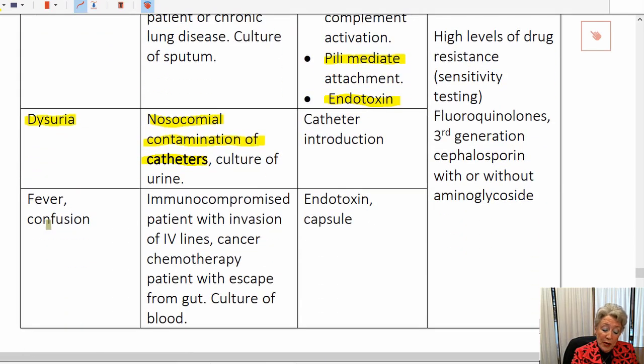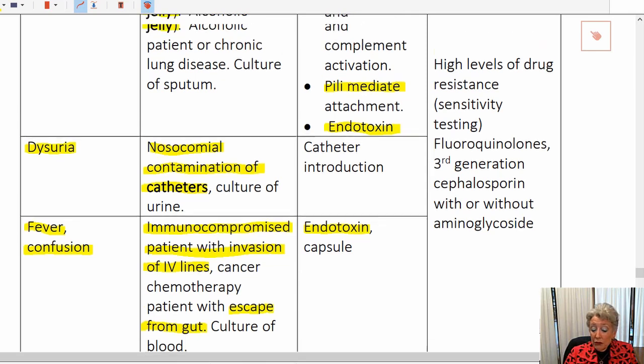And then as we talk about the septicemic condition, fever and confusion would be the presentation in patients who are immunocompromised and have had invasion of their IV lines. So cancer patients who have had escape of organisms from the gut, also possible. Anytime I get a gram-negative into the blood, it becomes a problem of endotoxin communicating directly with the endothelium.